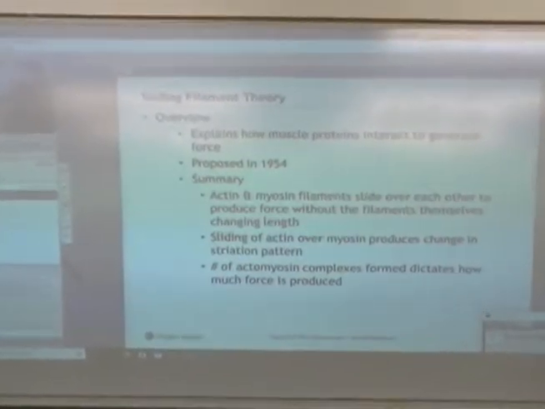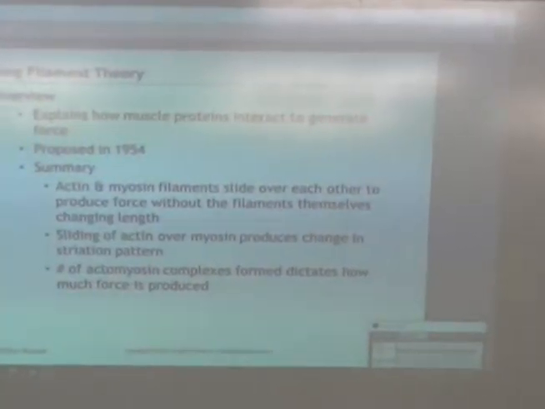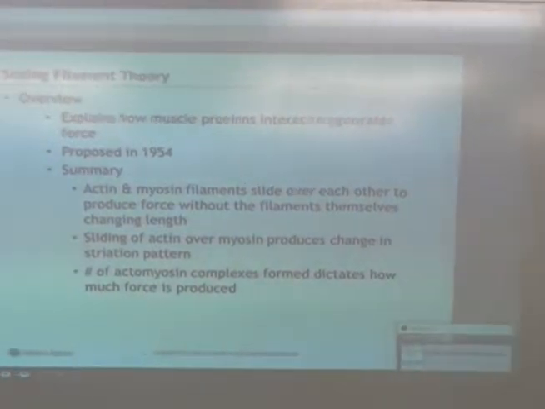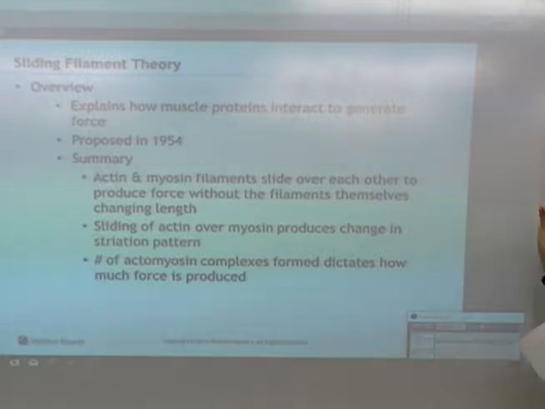Okay. So the actin and myosin, remember the actin is the thinner protein filament, the myosin is the fatter one that has the little globular heads poking out there. And they slide across each other, which produces force. Right?